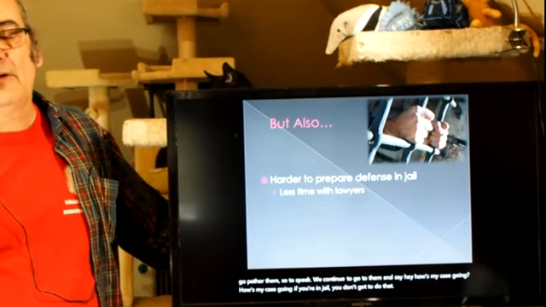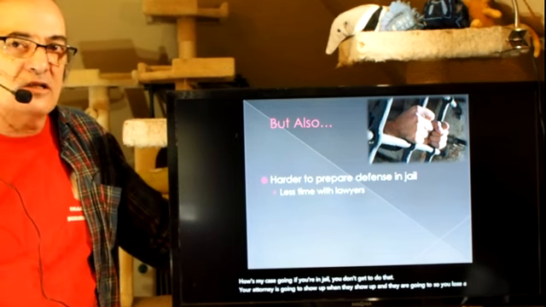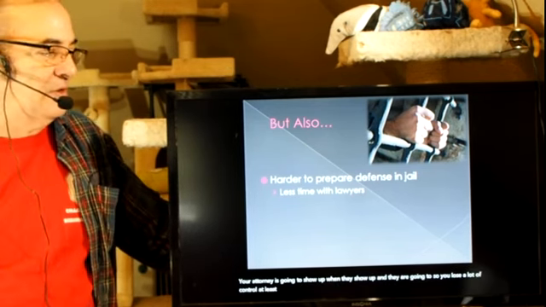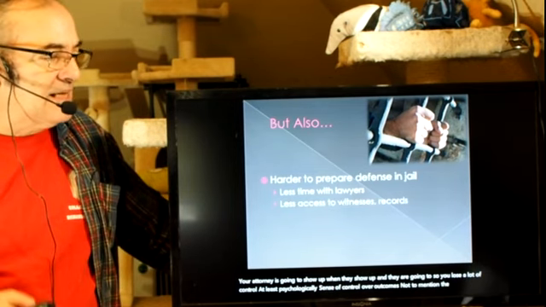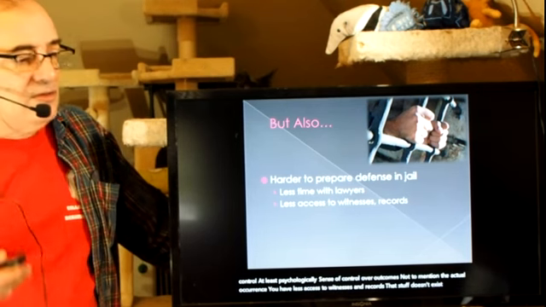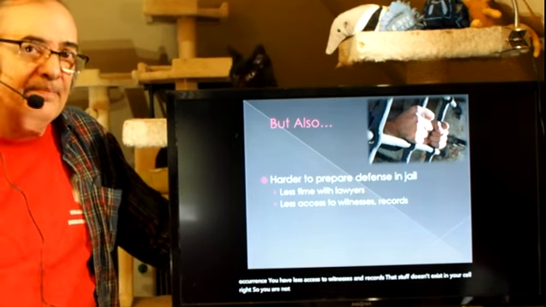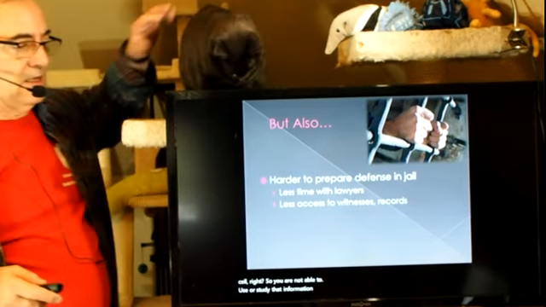Your attorney's going to show up when they show up, so you lose a lot of control, at least psychologically, sense of control over your outcomes, not to mention the actual occurrence. You have less access to witnesses and records. That stuff doesn't exist in your cell, right? So you're not able to use or study that information to help assist with your defense.